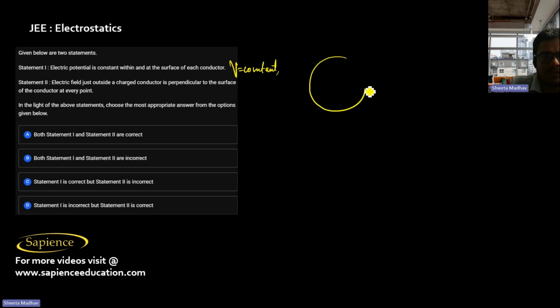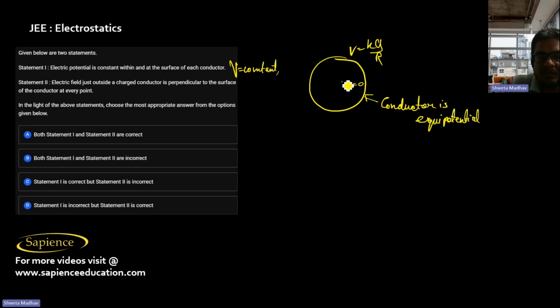V is constant on the surface, which is kq by r on the surface, and inside also. Since inside the electric field is 0, we know that a conductor is an equipotential body. Conductor is always equipotential. It means at all points on its surface and inside the potential will be the same at all points.